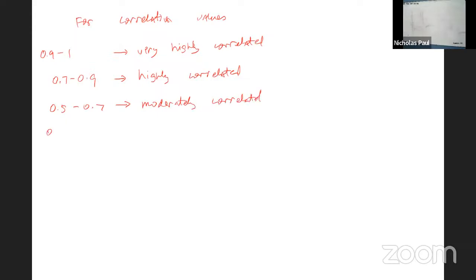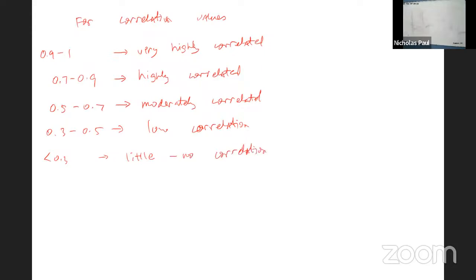Now 0.3 to 0.5, let's use low correlation. Anything less than 0.3 is little to no correlation.